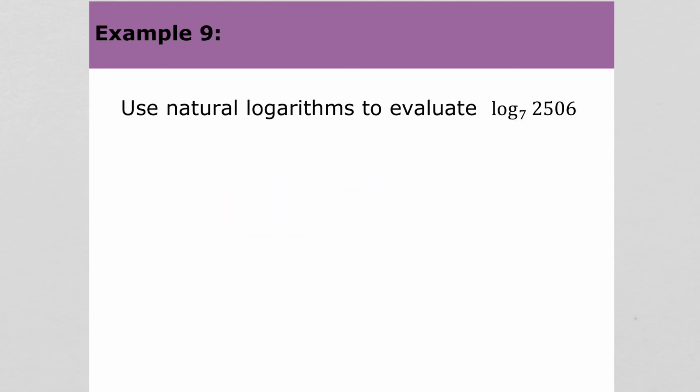And then we're asked to use natural logs to evaluate the same thing. That would be the natural log of 2,506 over the natural log of 7, also approximately 4.022. And that concludes this section.